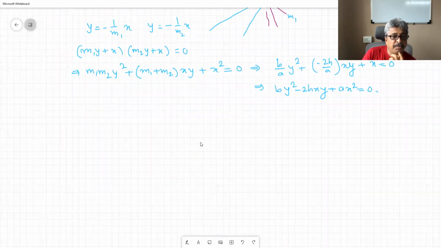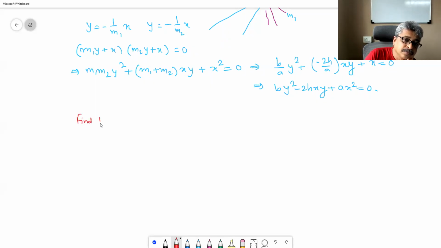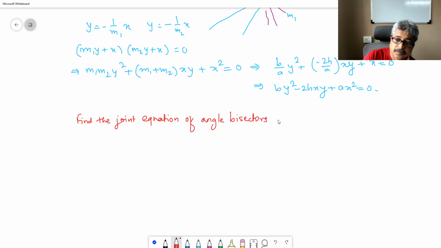Now let me give you something difficult. Find the joint equation of angle bisectors of ax square plus 2h xy plus by square is equal to 0.